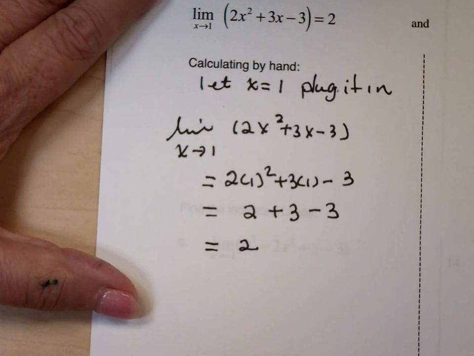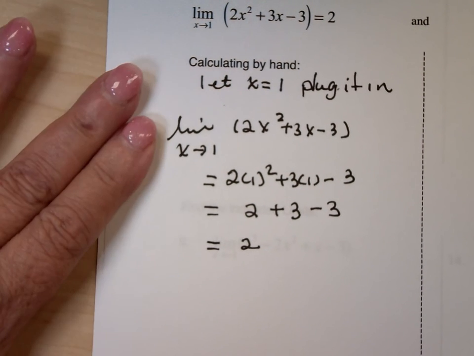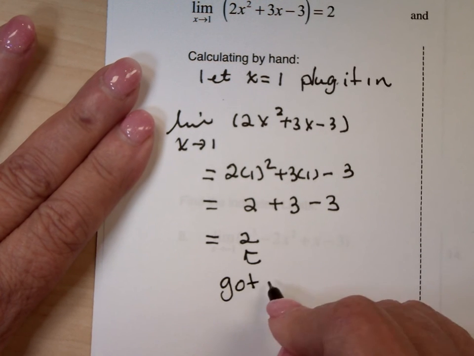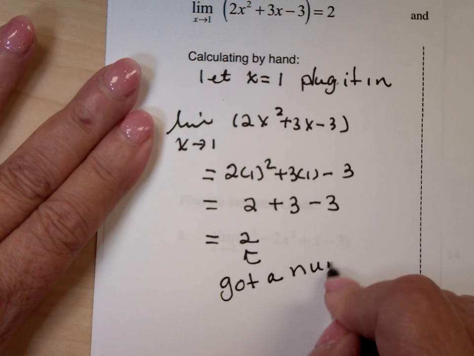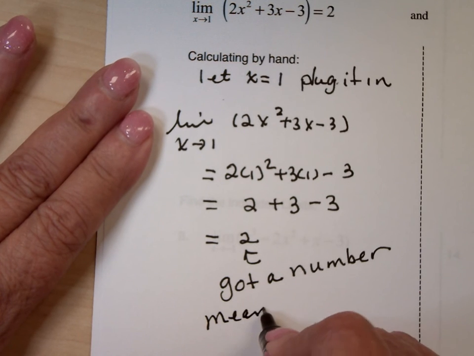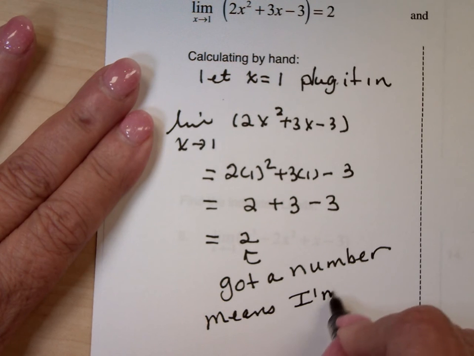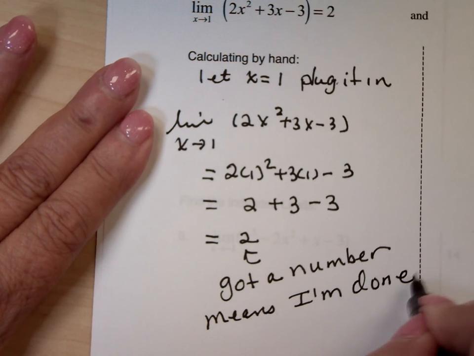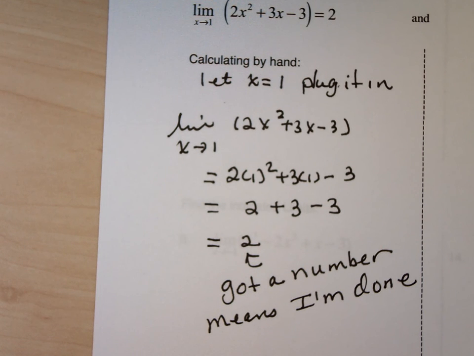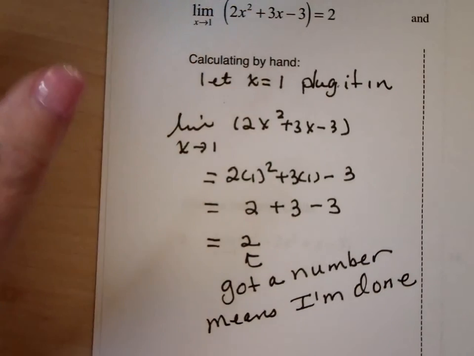It's the y value at that x value. The fact that I got a number means I'm done. That is the limit. It is the y value at that x value. Well, we'll see. That's where life gets more interesting.